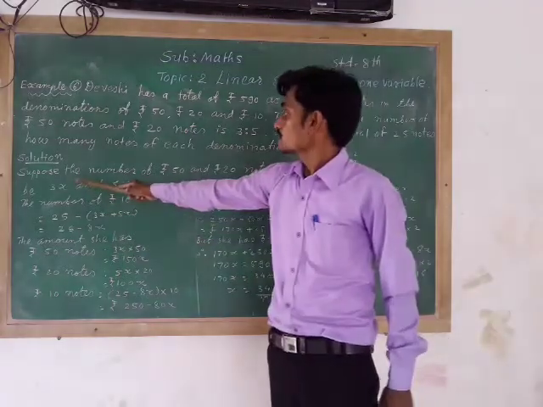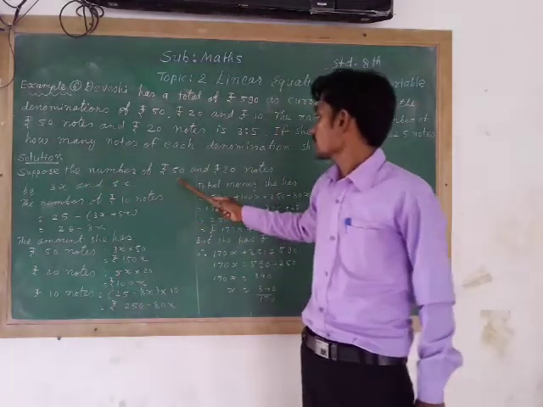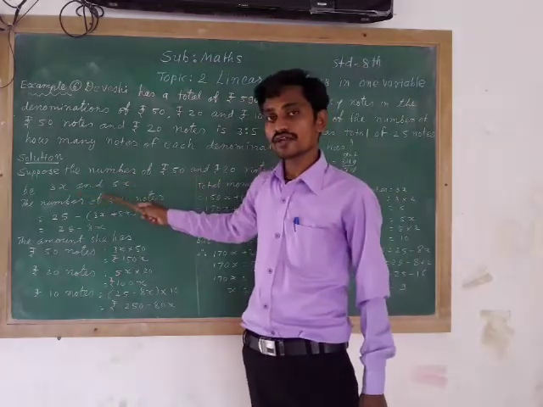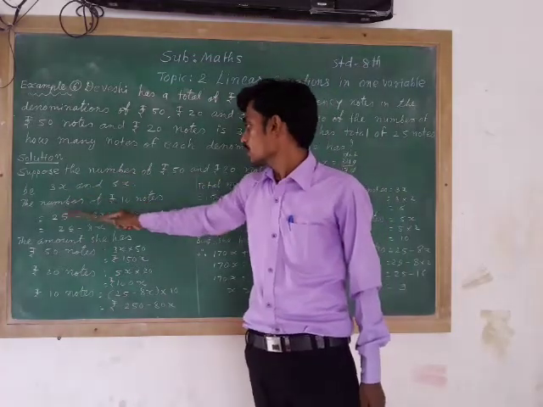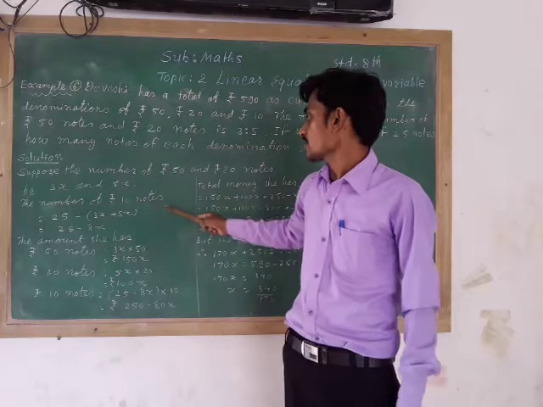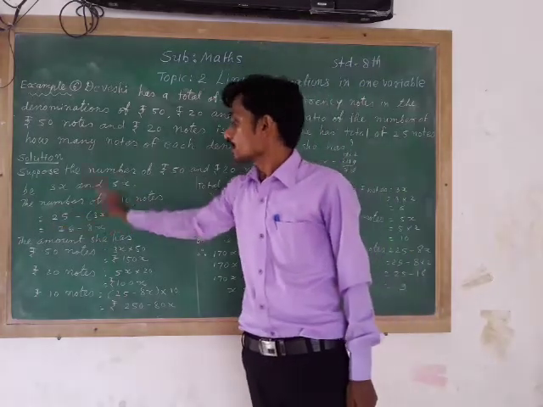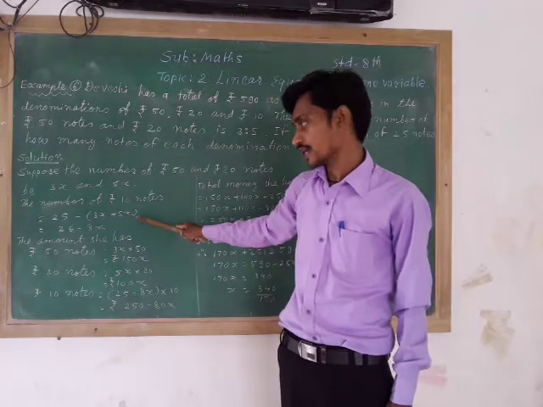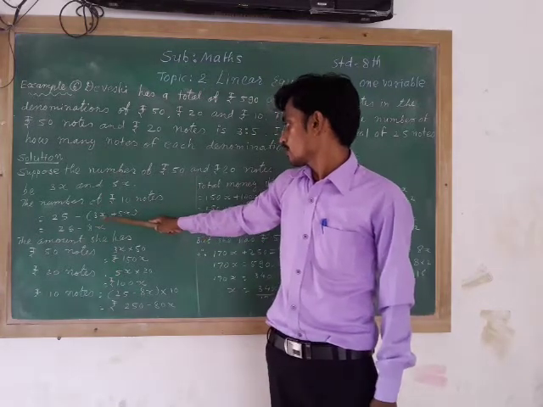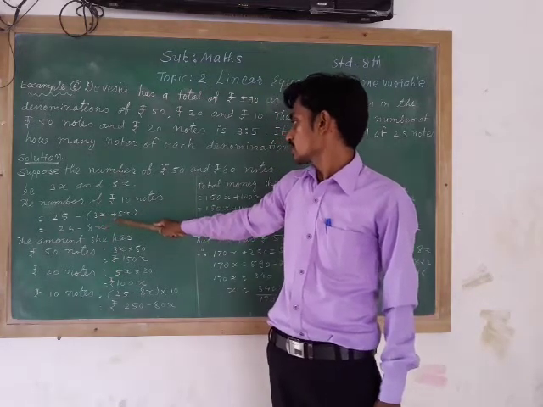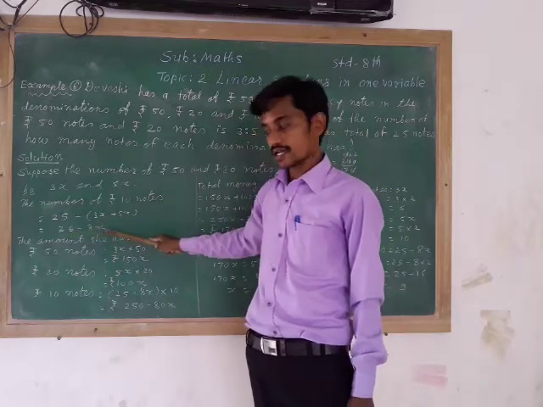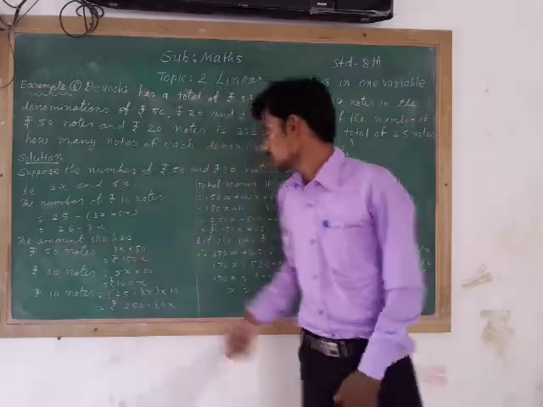Suppose the number of rupees 50 and rupees 20 notes be 3x and 5x. So the number of rupees 10 notes is the total 25 minus (3x plus 5x). 3 plus 5 is 8, so 25 minus 8x. What is the amount she has?